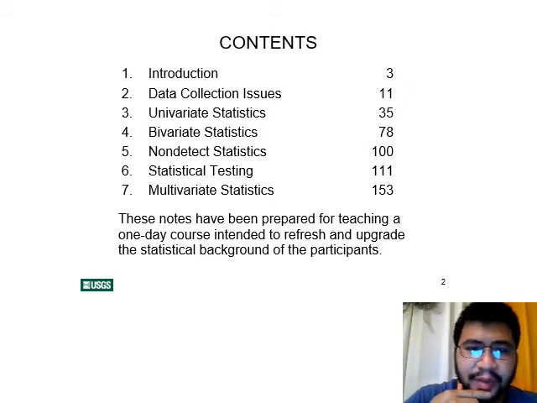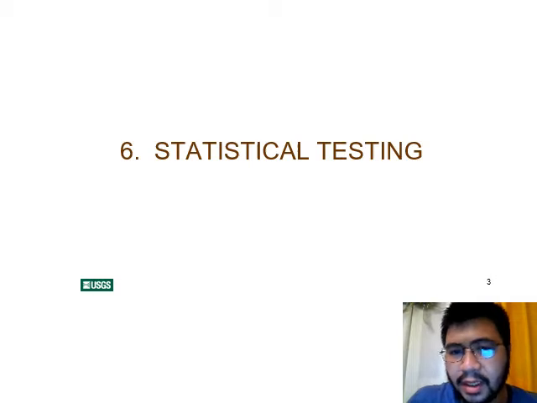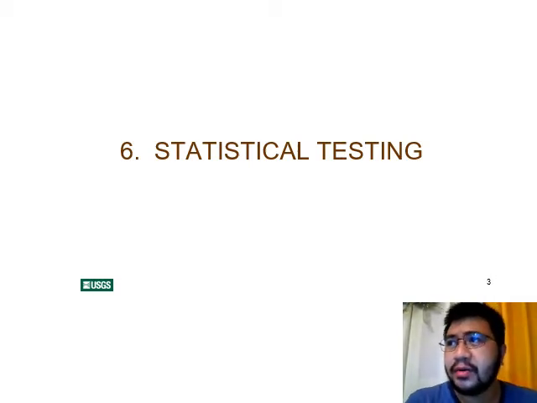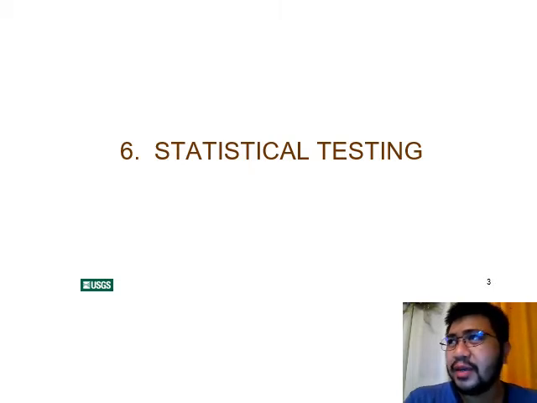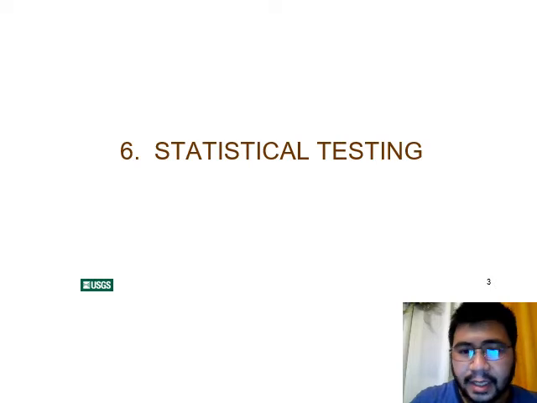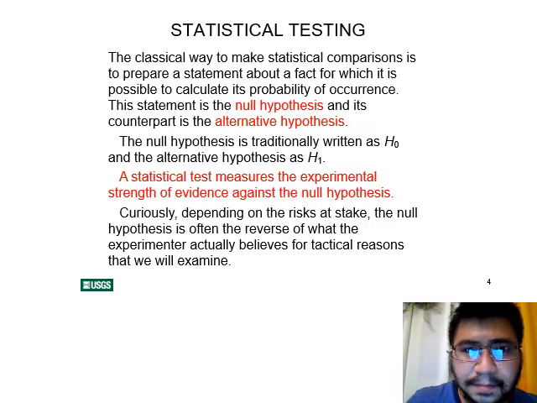For this lecture, we will be talking about statistical testing, right? And this will be just a review, or also an introduction to the tests that we do in statistics, right?